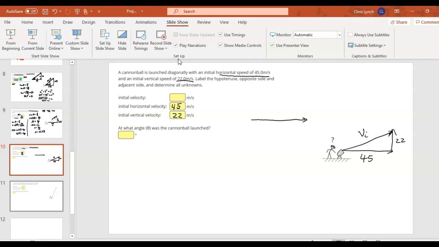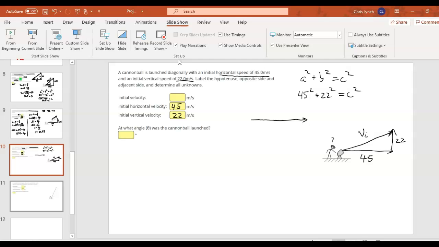In this case, the easiest thing, in my opinion, is Pythagorean theorem. So a squared plus b squared equals c squared, when you know two sides of a right triangle and you want to know the third. So 45 squared plus 22 squared equals c squared.